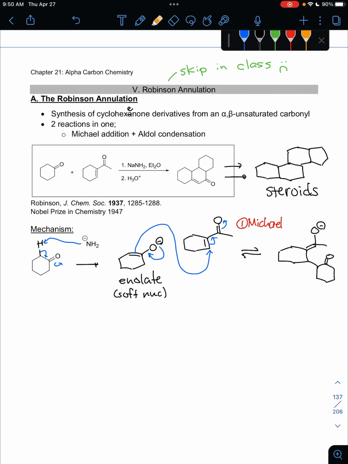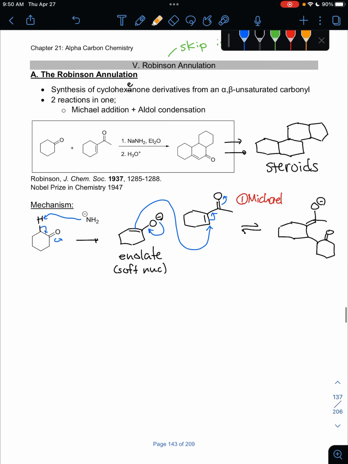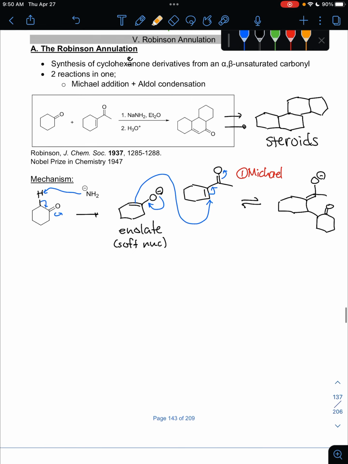Okay, so we just formed this new bond here, and so that's the Michael addition reaction. Now, that does result in this enolate, and this can act as a base as well.